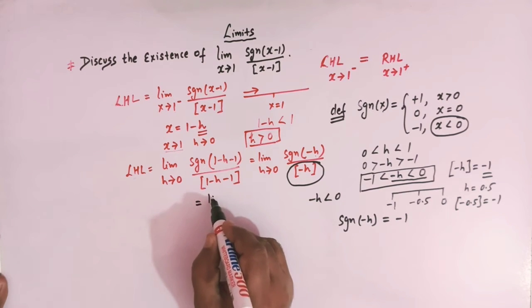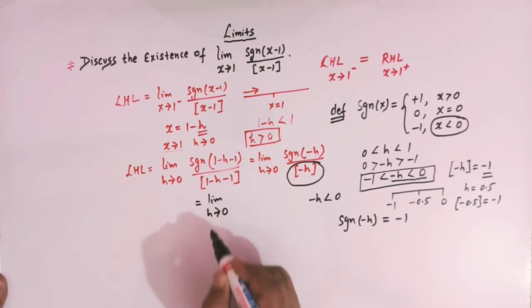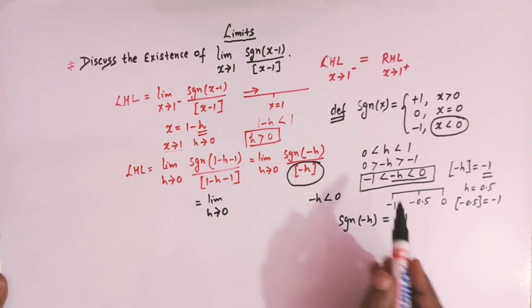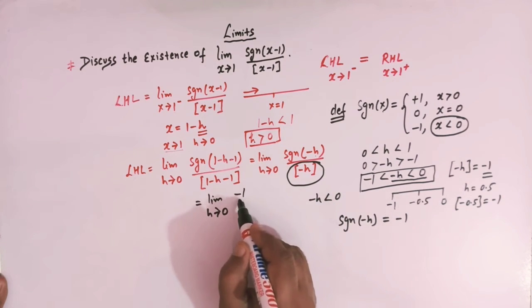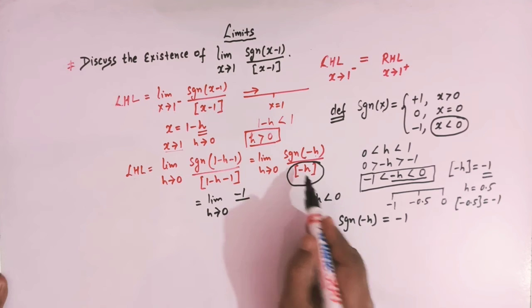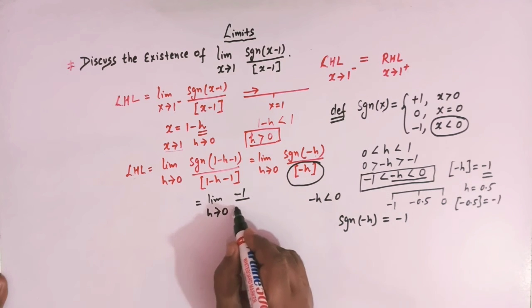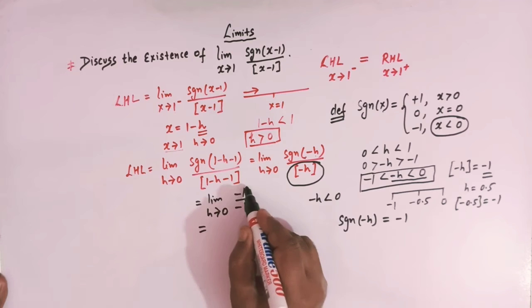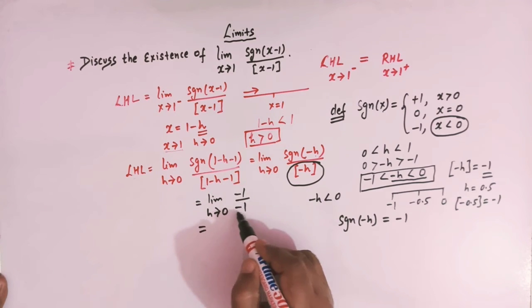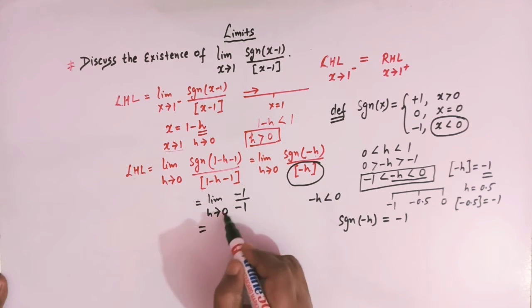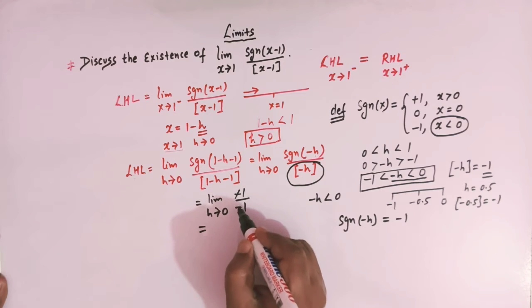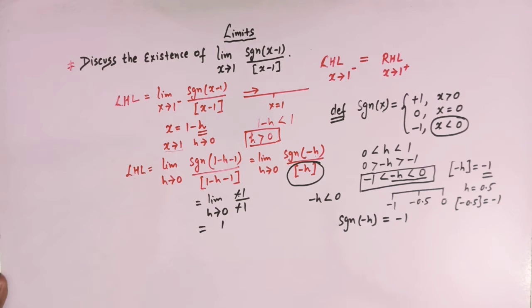So now we can write limit h tends to 0 and signum of minus h is equal to minus 1, and greatest integer of minus h is minus 1. So here we do not have any term containing h, so we can omit this sign. So minus and minus get cancelled, and we are left with 1.